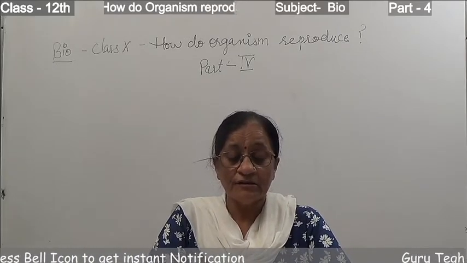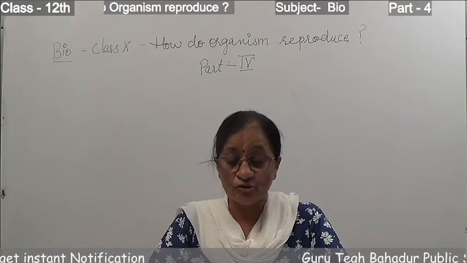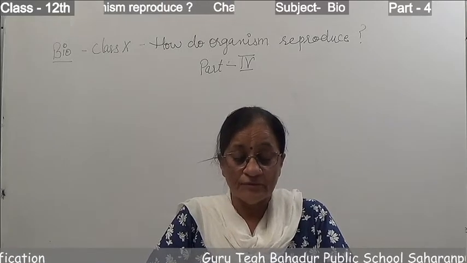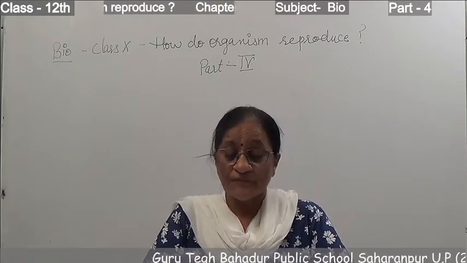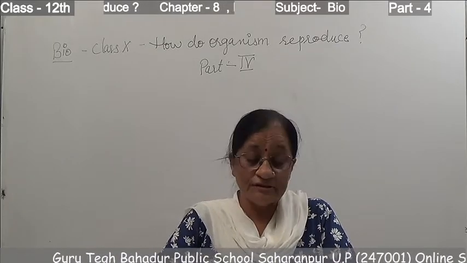When the normal growth of the body becomes slow, reproductive tissue begins to mature, and this period during adolescence is called puberty.